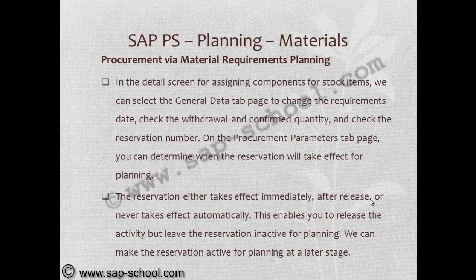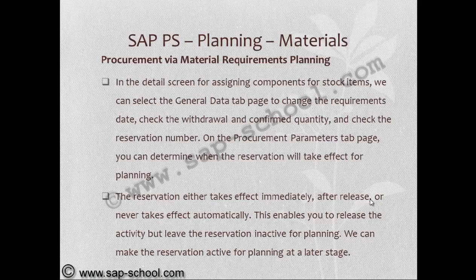In the detail screen of assigning components for stock items, we can select the General Data tab page to change the requirements data, like date, check the withdrawal and confirm quantity, and check the reservation number. On the procurement parameters tab page, we can determine when the reservation will take effect for planning. The reservation either takes effect immediately after release or never takes effect automatically.